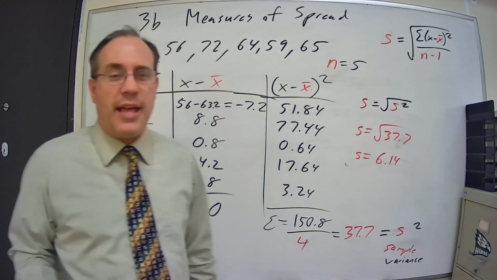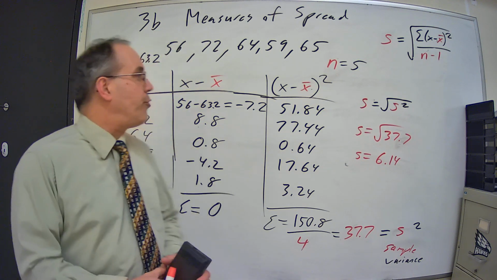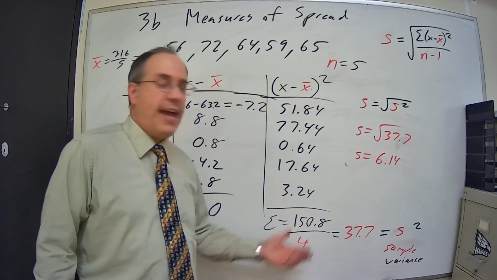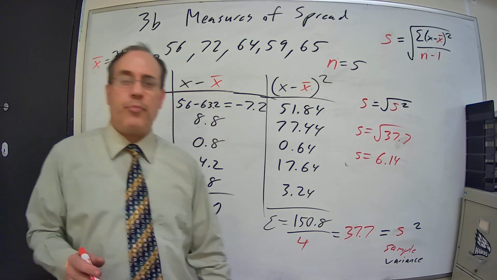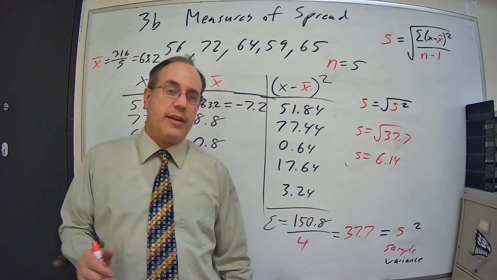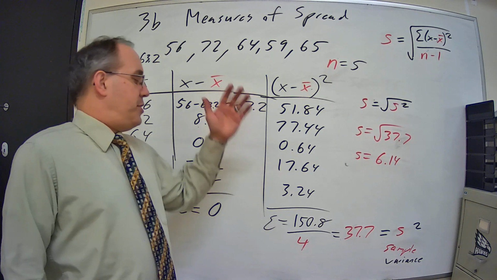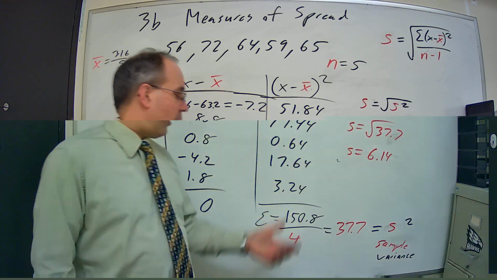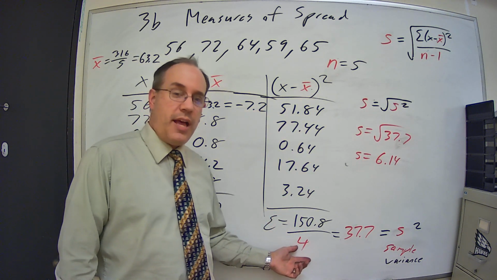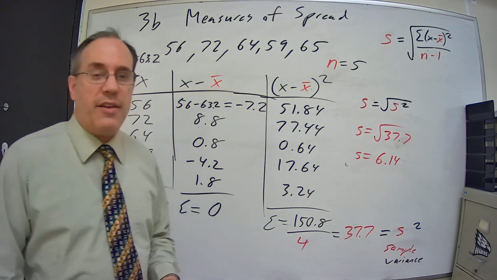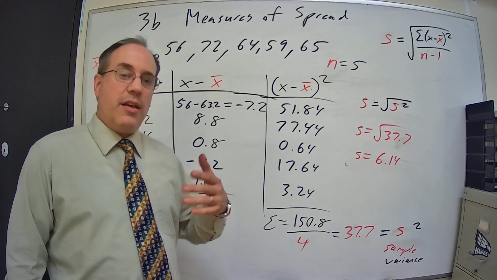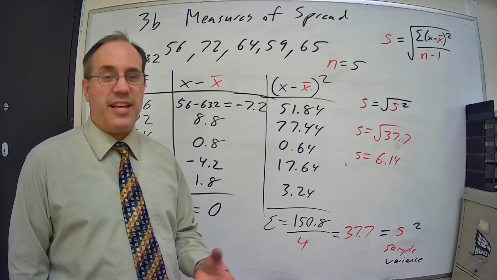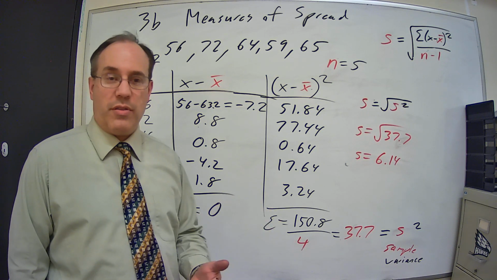Now, why do we make that change? Well, I could go through a whole bunch of calculus to show you the proof of why that happens, but I'm going to go for the simple explanation, which is just that if you take a sample and do the calculation and divide by the sample size, then you tend to underestimate the population standard deviation, meaning your sample standard deviation tends to be too low.